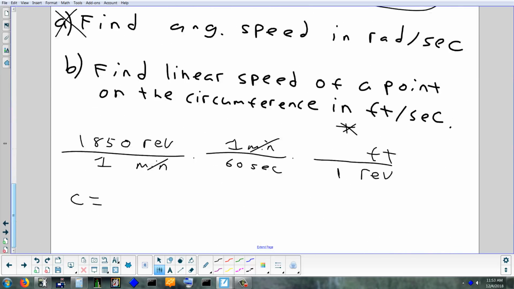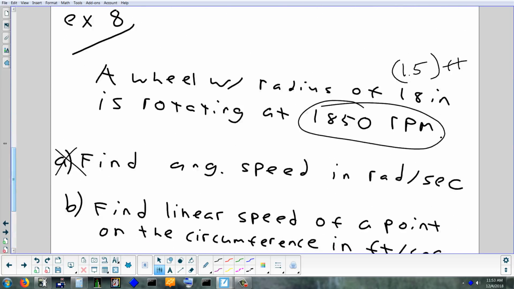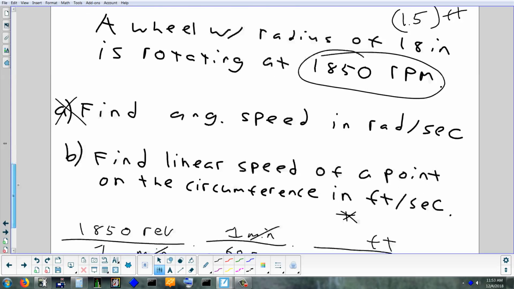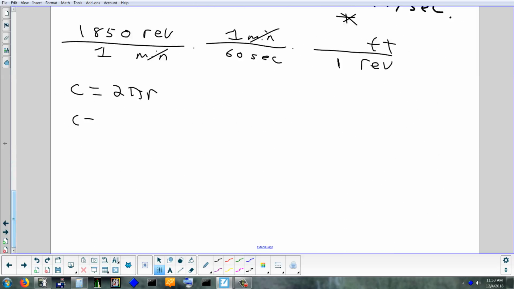What's the formula for circumference? 2 pi r. What's my radius in feet for my circle? 1.5. Be careful if they give you the diameter. Remember, if they give you diameter, you take half of it to get the radius. But they gave me the radius.